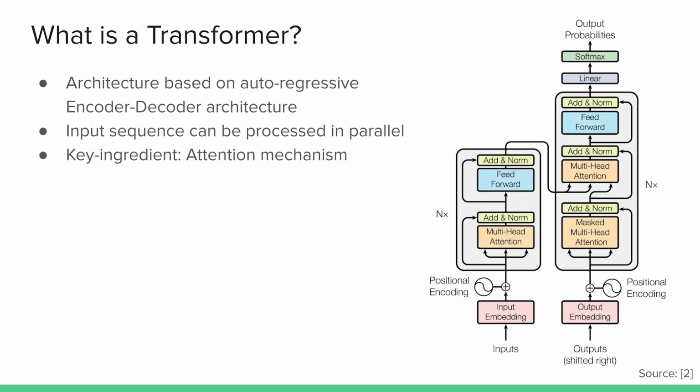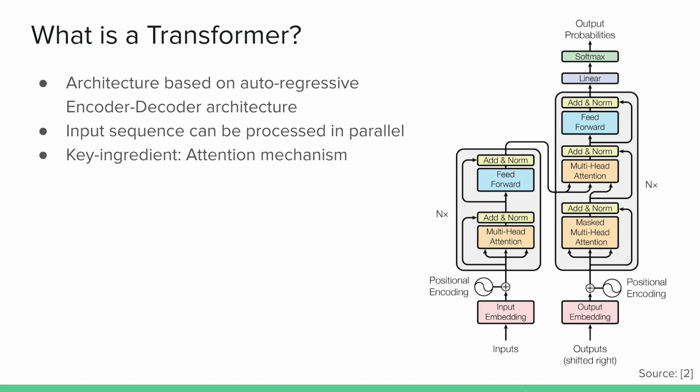A transformer is an architecture based on an autoregressive encoder-decoder architecture. You already see that this encoder-decoder idea sticks with us for a long time, because it's a really interesting and powerful idea to process something into a different representation that is more efficient and then generate something else out of it.